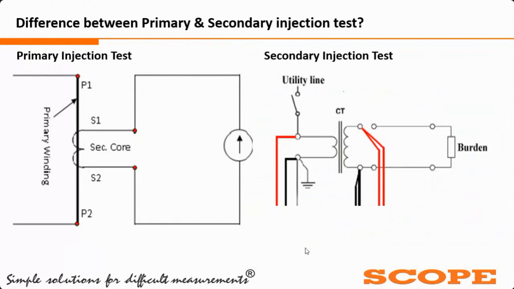This is one of the important tests during testing of a current transformer: knee point voltage test, then current test, then burden test. In that case, we need to inject a rated current, or for the knee point voltage test, we need to inject 500 volt or 1000 volt accordingly for calculations of saturation of the CT.